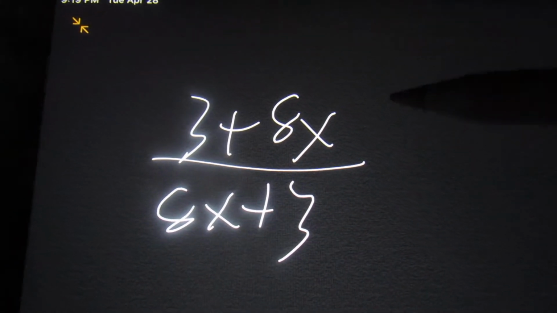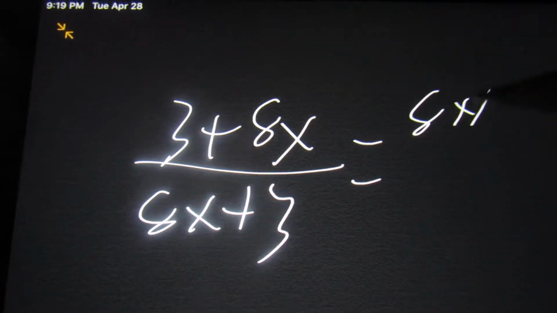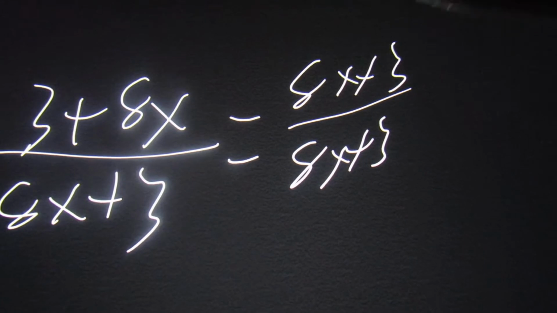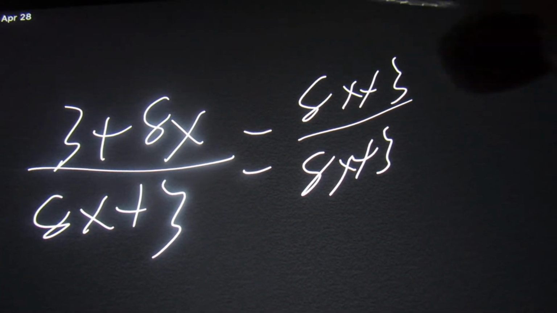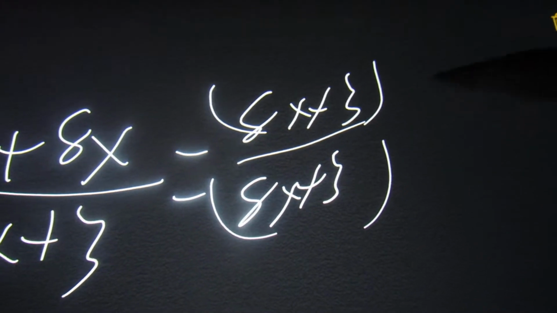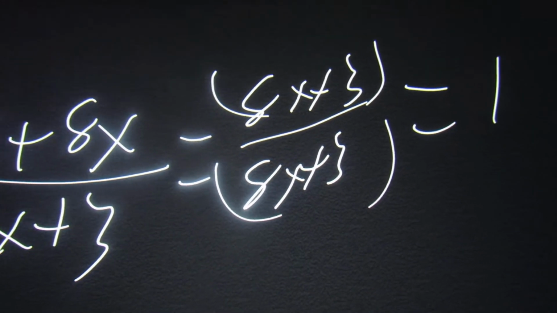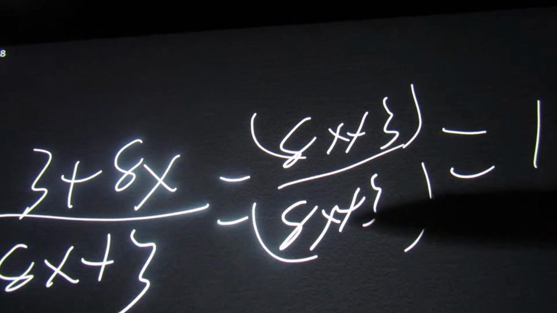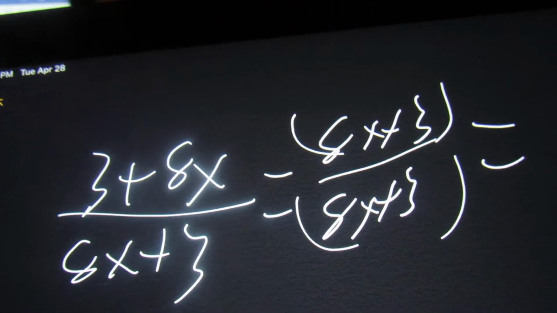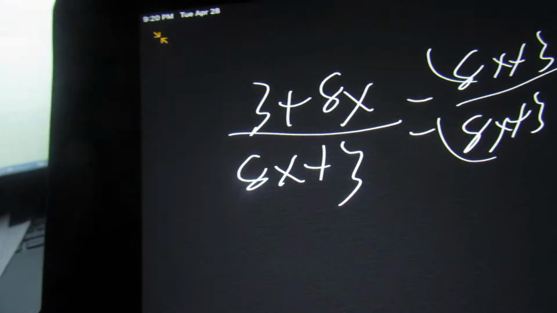If we rearrange the top, it would be 8x plus 3 over 8x plus 3. Now that we have the exact same thing, if we put this binomial in parentheses, we can simplify that to be 1. You can only simplify if it's exactly the same, or just one of the factors is.